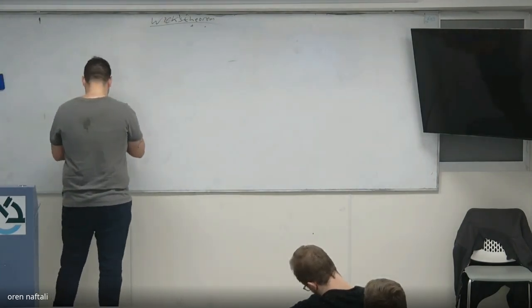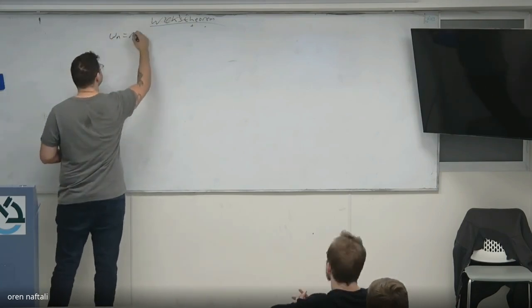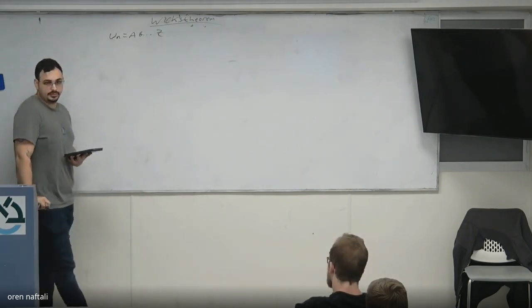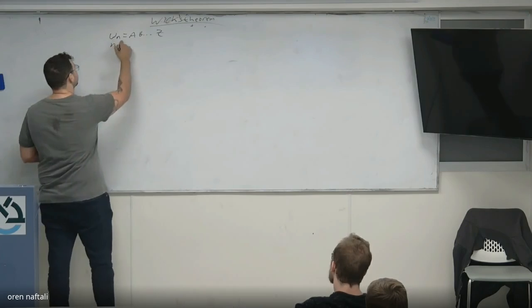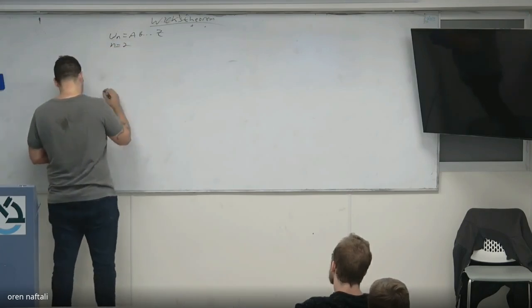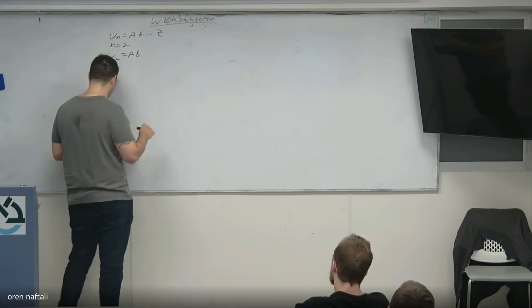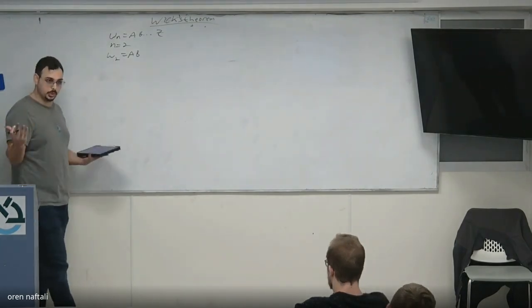So let's just, for simplicity, define omega n to be some random set of operators. We'll start with the case of n equal 2. Omega 2 equals AB. Now, if AB is in normal order, we're done.